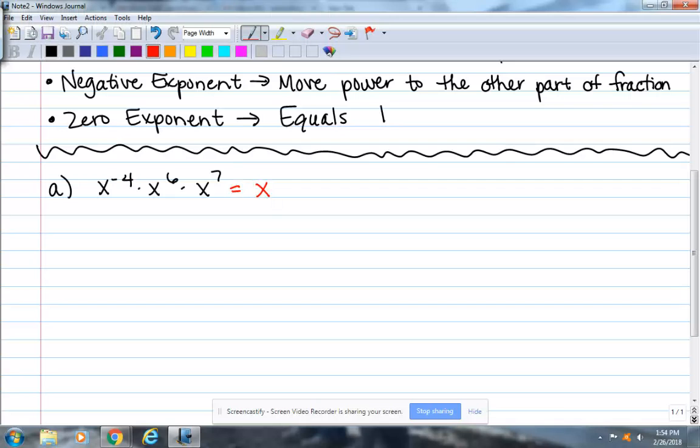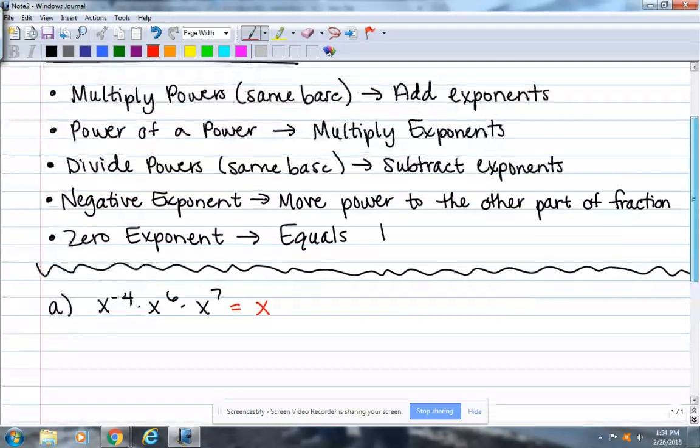What's being done mathematically to all those powers? They're multiplying. And back to our exponent properties that we just talked about, if they multiply, we do what? Add the exponents. So we're just going to add negative 4 plus 6 plus 7. 9. It is 9. So my answer to this is x to the 9th. And that's all you do. So if they multiply and they have the same base, you keep that base and add the exponents.